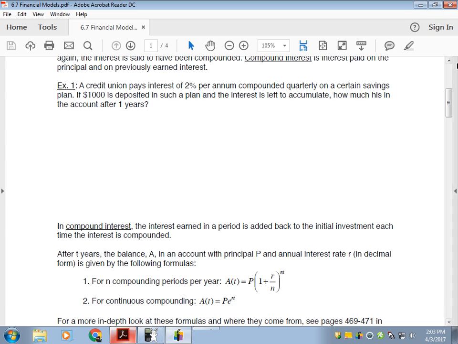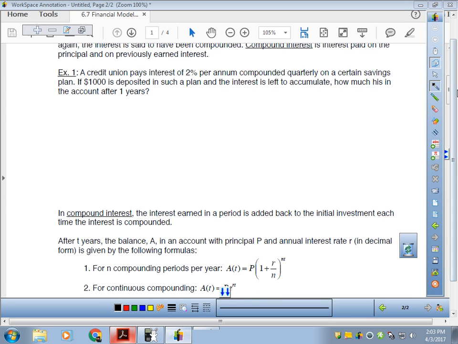So example 1 here says that a credit union pays interest of 2% per annum, per year basically, compounded quarterly on a certain savings plan. And it says if $1,000 is deposited in such a plan and the interest is left to accumulate, how much is in the account after one year?